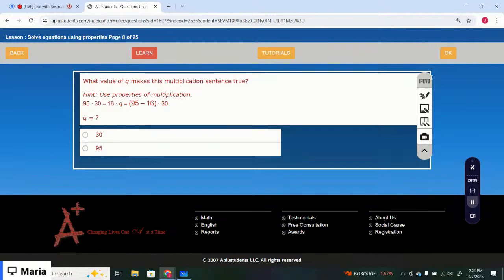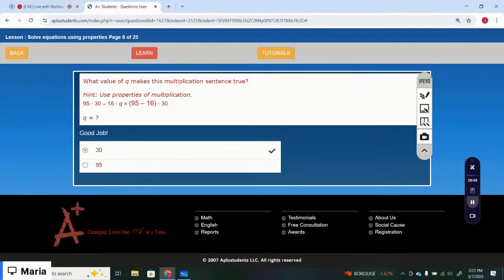The correct option is q equals 16, since 95 times 30 minus 60 times 16 times 30. Okay, you can complete the lesson by yourself today. Let me just move on to the next lesson.